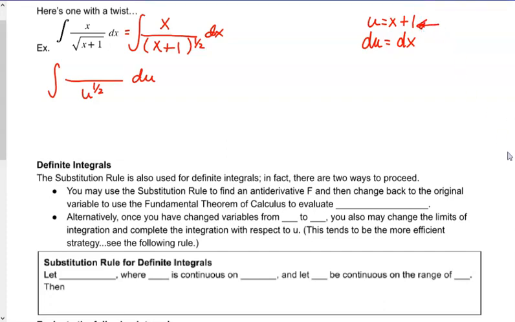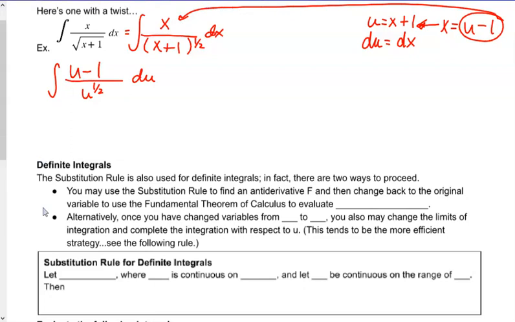So if you take the equation that you designated for u and solve it for x, then we can make that final substitution to make our problem work. And it's going to be very nice. So if I want to solve for x, I'm going to bring this 1 over. X is equal to u minus 1, and that's what we have to put right in the top to get everything in terms of u.